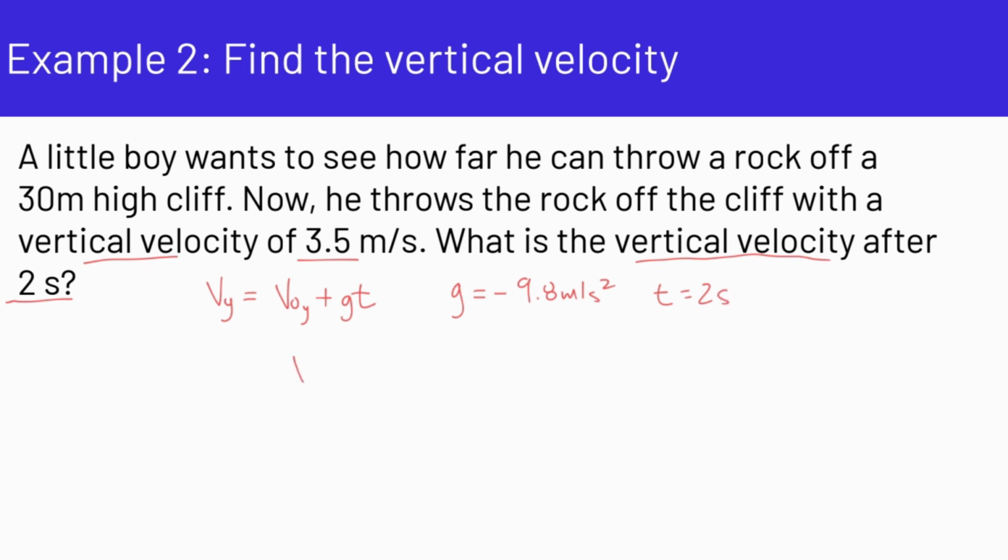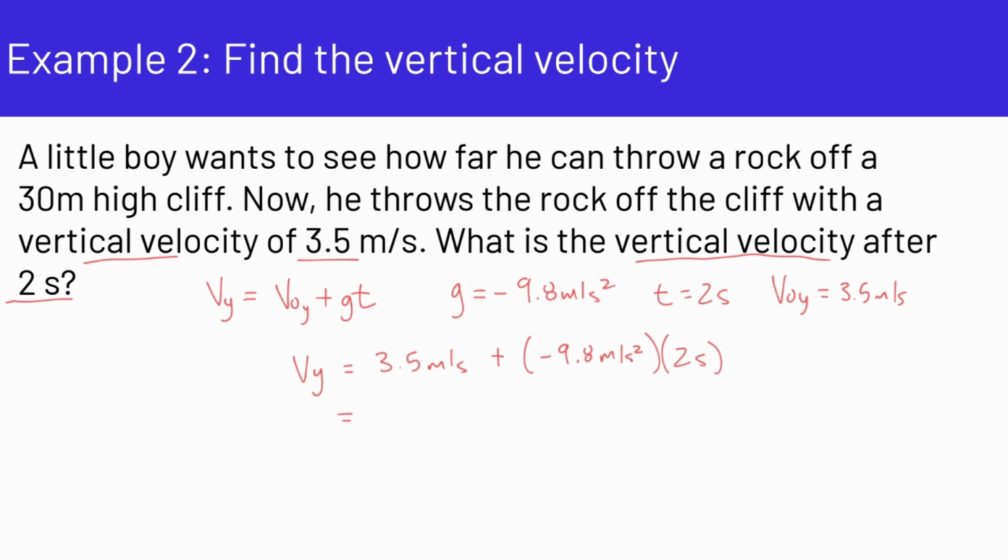So we have Vy is equal to our initial velocity, which I didn't write up here, so let's write Voy, is equal to 3.5 meters per second. So that's 3.5 meters per second plus negative 9.8 meters per second squared times 2 seconds.